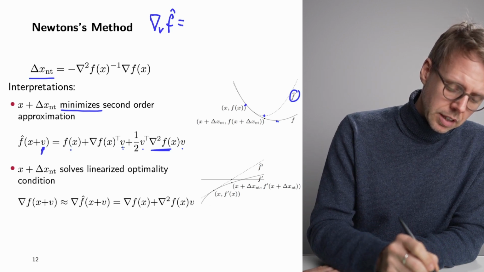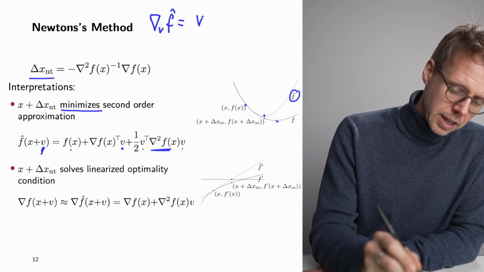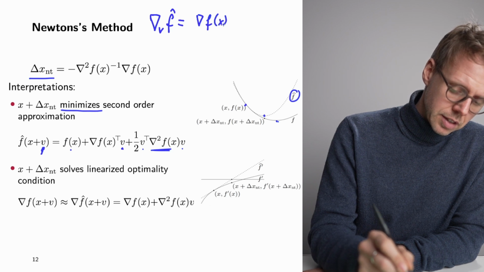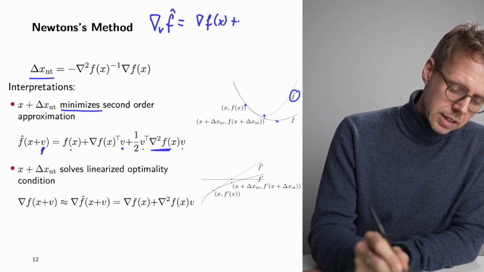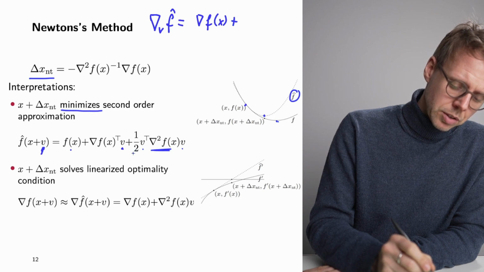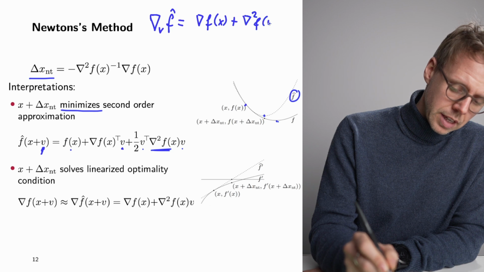Here there is a v, so we are ending up with the gradient of f plus, here we have a squared form, so the 1/2 goes away, and we're left with the Hessian of f of x times v.